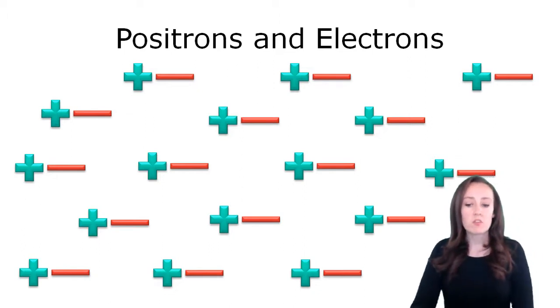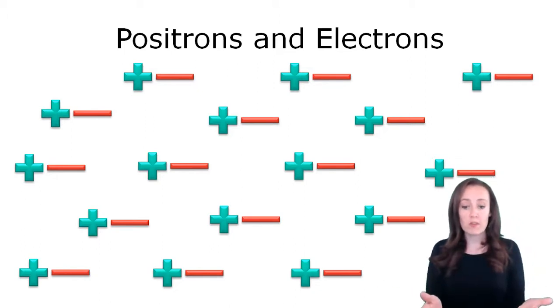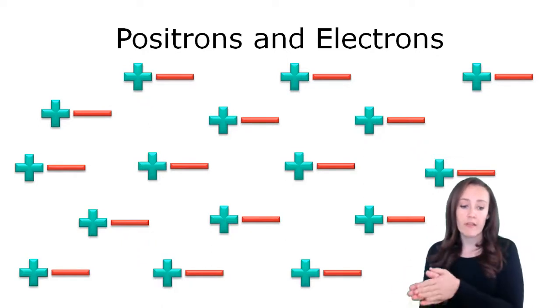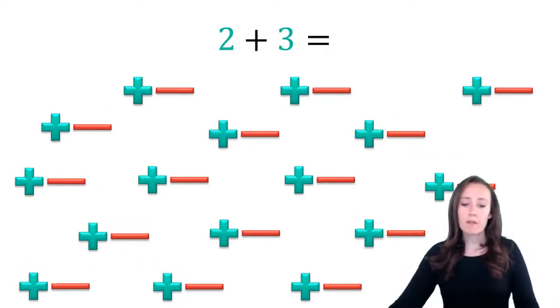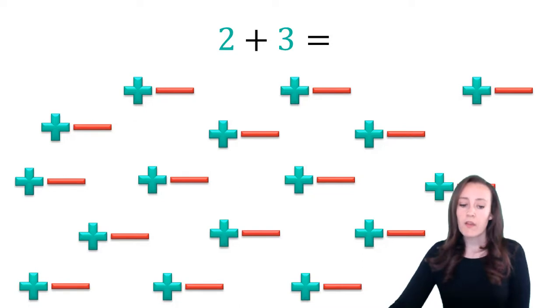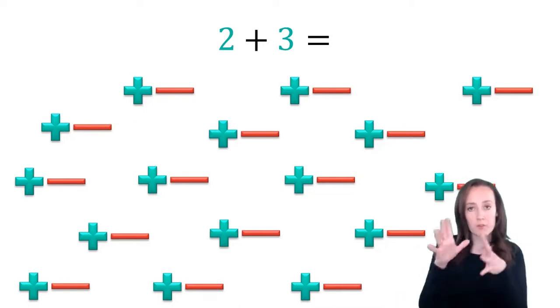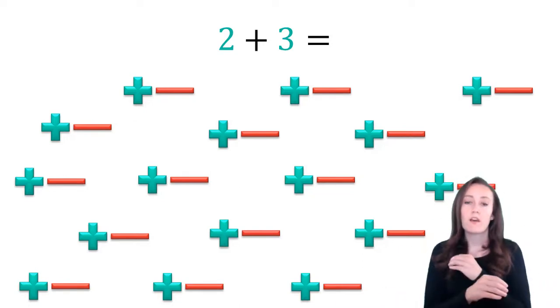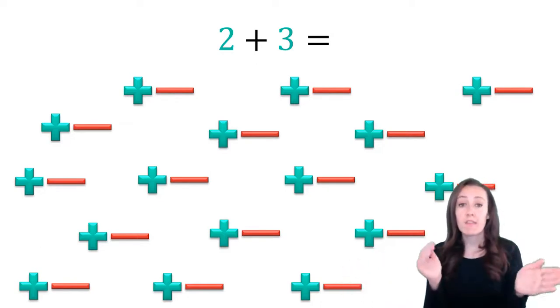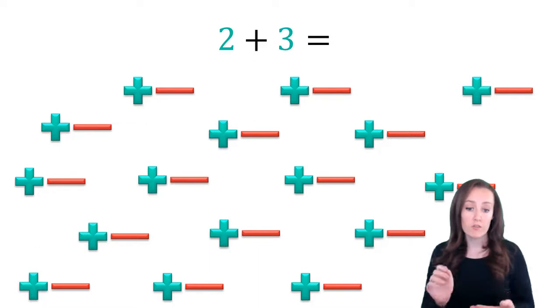So in this picture, the overall charge of the situation is 0 because all of the positrons are paired with one electron. And if I were to use this as an example to help me understand addition of positive and negative numbers, I could look at this and say, okay, I'm starting off with a situation with a whole bunch of positive and negatives that are paired together, giving me an overall charge of 0.